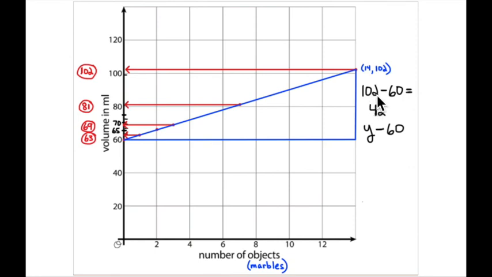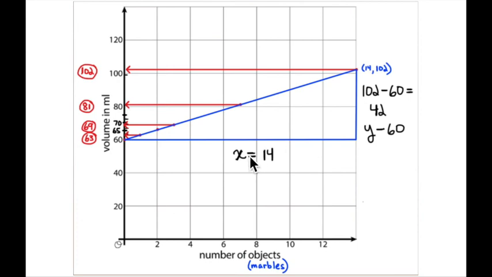The change in the volume is 102 minus 60. So this 102 minus this 60 equals 42 milliliters. So it's y minus 60, and it's x equals 14. Remember, you don't have to move this at all or subtract anything because you're right against the y-axis. So x is equal to 14.